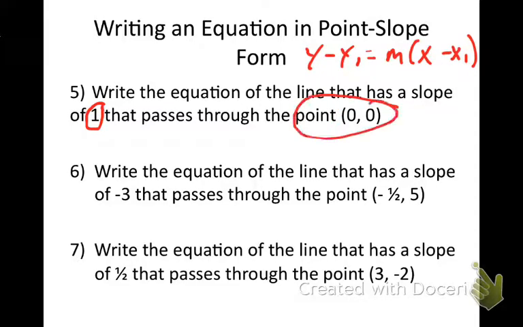So I'm going to take that information and plug it into that equation. That's all it is. If I look at my form here, I have x and I have y. So it's going to be y minus 0, taking that y coordinate from my point, equals 1, taking that slope, parentheses, x minus 0. And that right there is point-slope form.